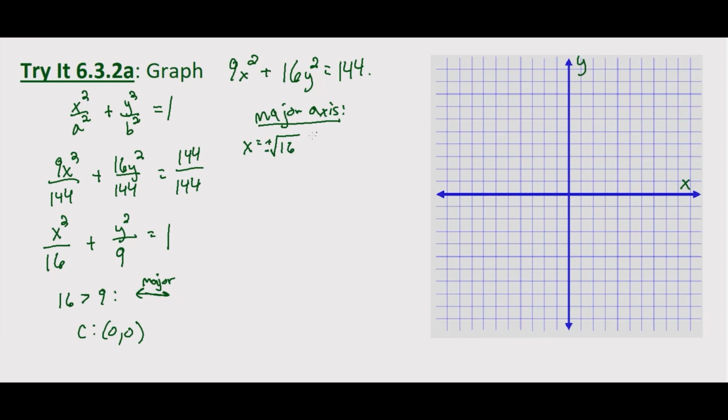We need our plus or minus before our square root. So x equals plus or minus 4. That means our major axis vertices are at negative 4, 0 and 4, 0. So let's go ahead and plot those. Negative 4, 0 and 4, 0.